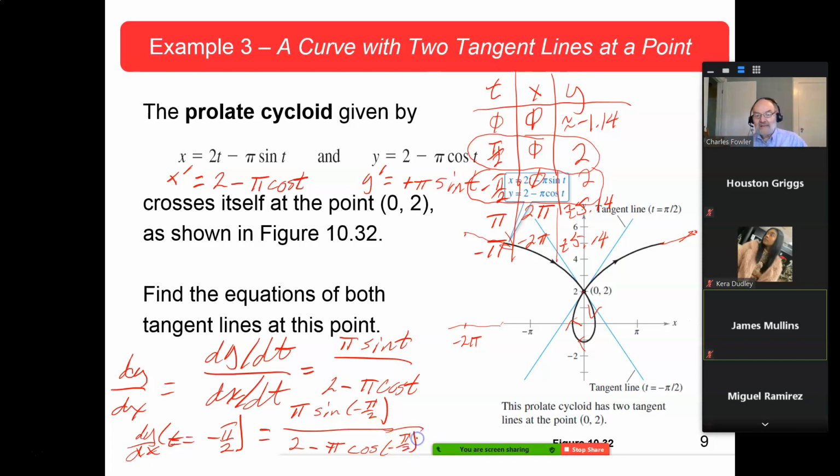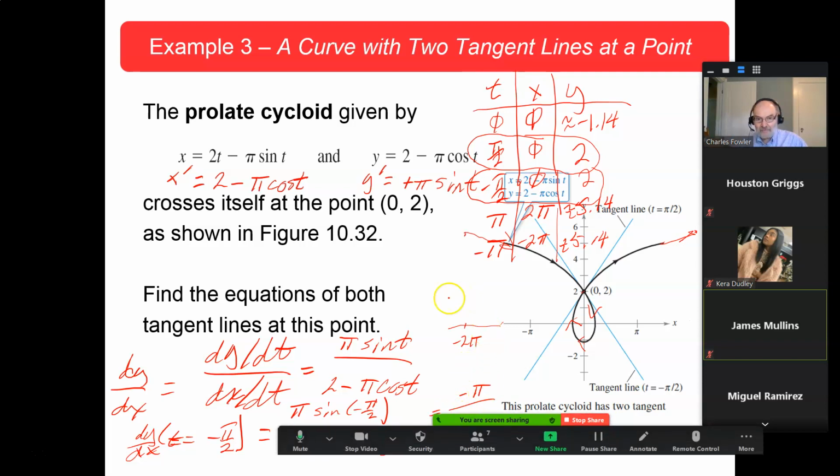Okay, now get this one. Sine of negative pi halves is minus 1. So that one's going to be a minus pi, because sine is minus 1, over 2 minus cosine of negative pi halves, which is 0, because cosine at half pi is 0. So that's just going to be 2. So our slope here is going to be minus pi over 2.